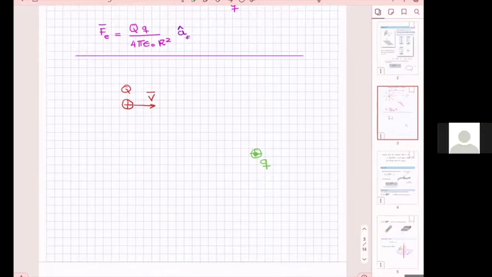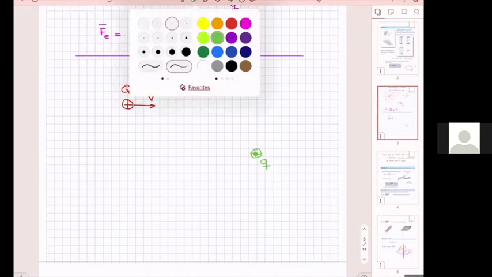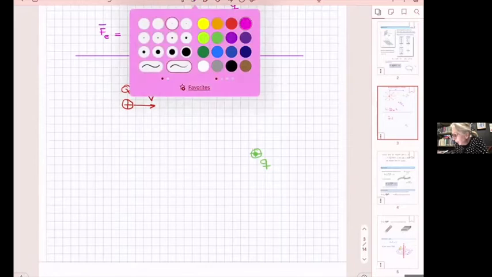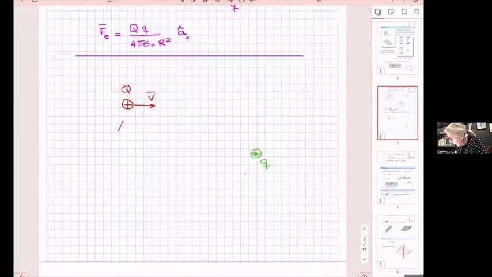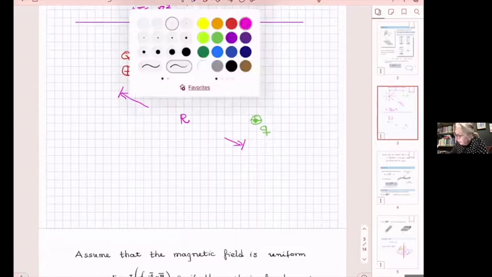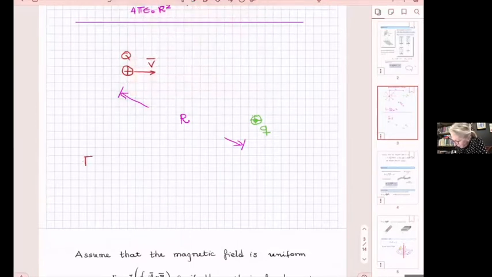An increase of force, depending on the distance between the two charges. Yes. So it's going to feel an increase in the force. So this is the distance r. And so this little green charge is going to feel a new force, which is going to be larger than the previous one, the electrostatic force that it felt when the charge was stationary.